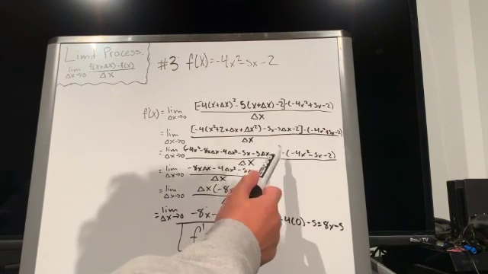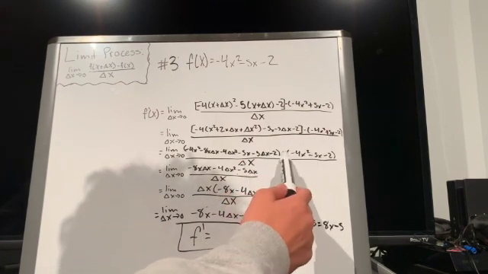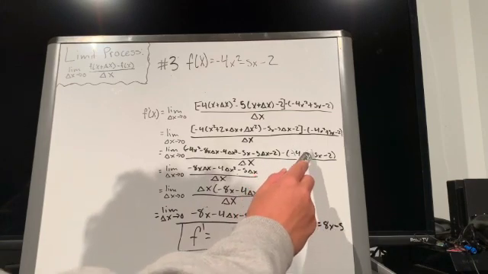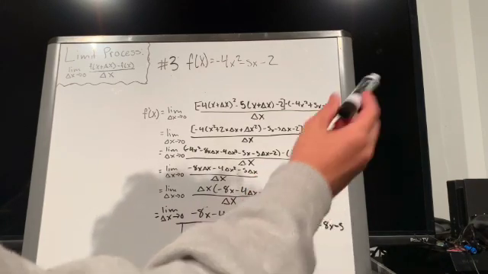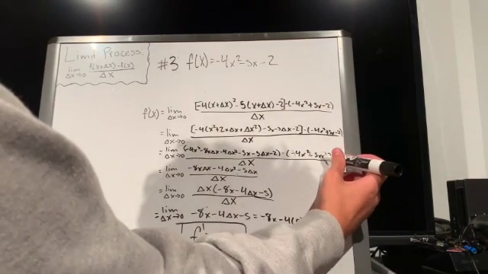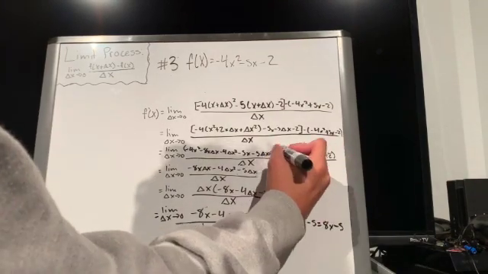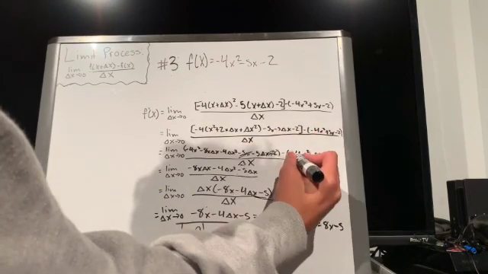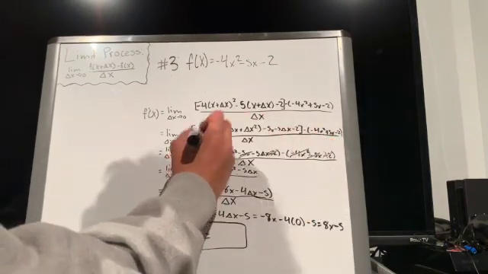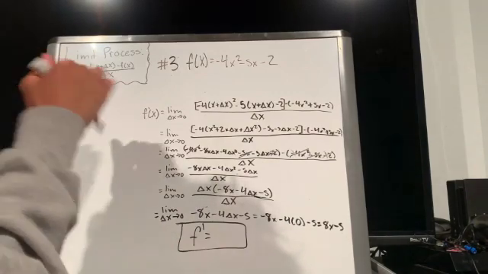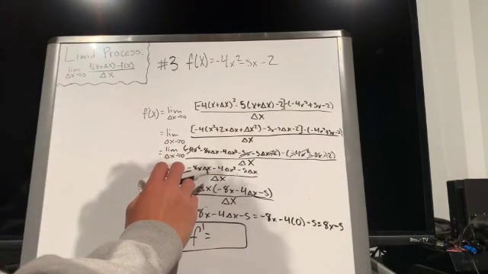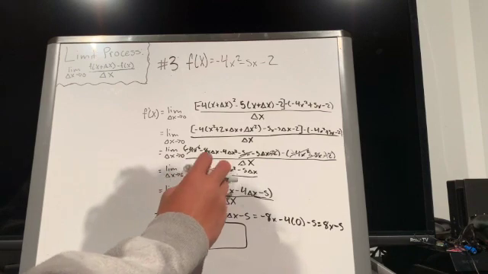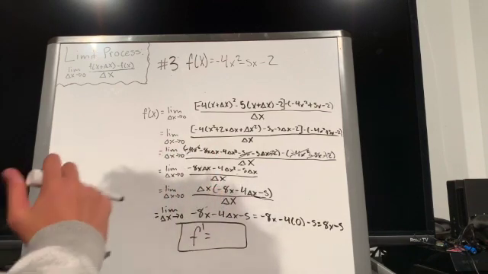But since there's a negative here, we distribute it to the others, which makes this a positive, and a positive, which allows us to cancel the 2, the 5x, and the 4x squared, which leaves us with negative 8x delta x minus 4 delta x squared minus 5 delta x all over delta x.